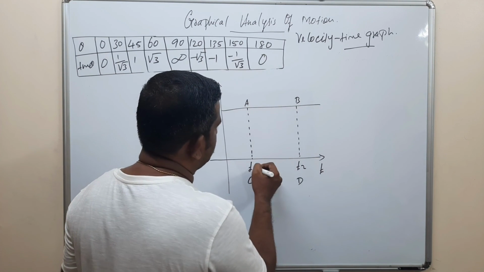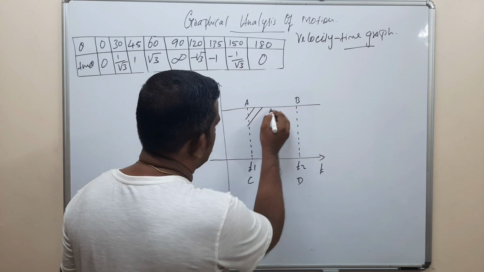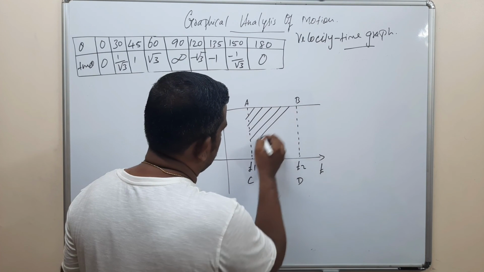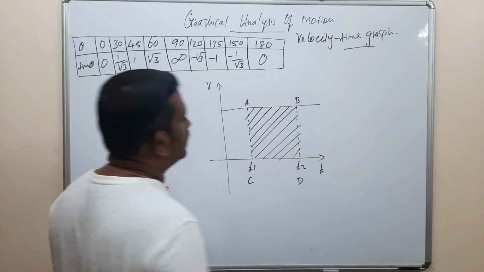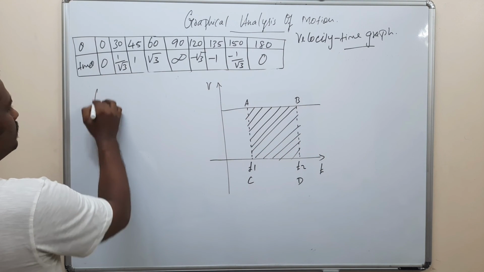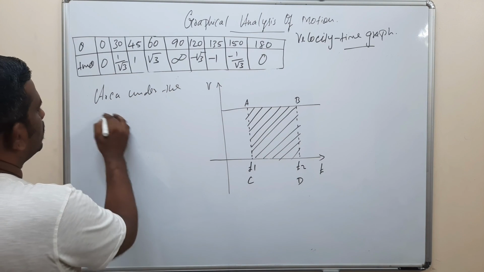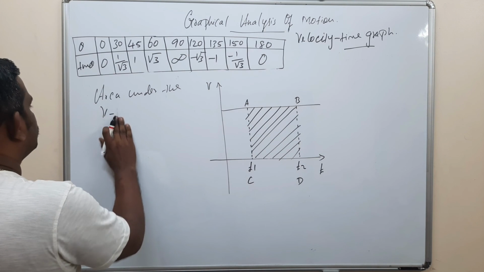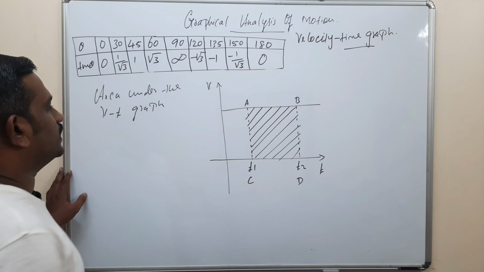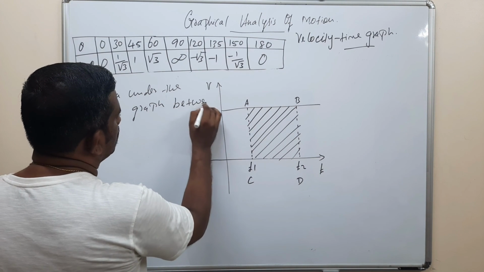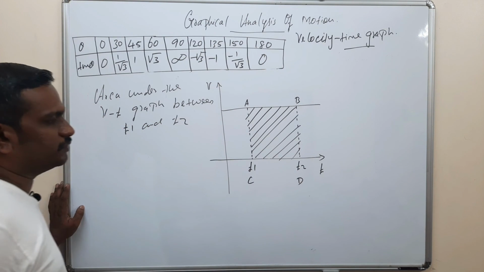We have to find the area under the VT graph between the time T1 and T2.